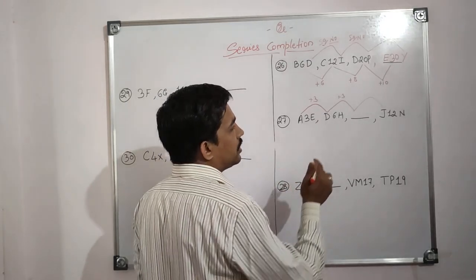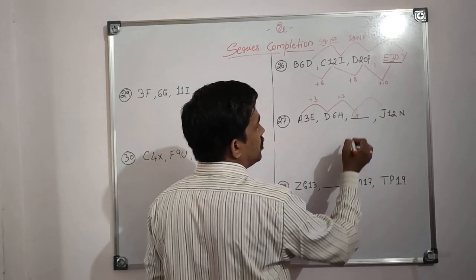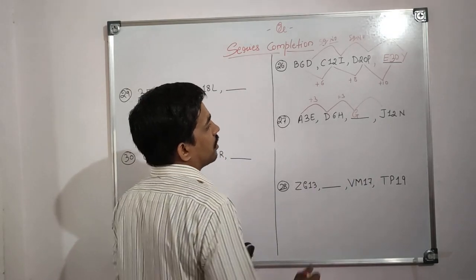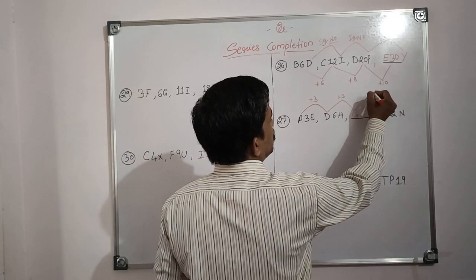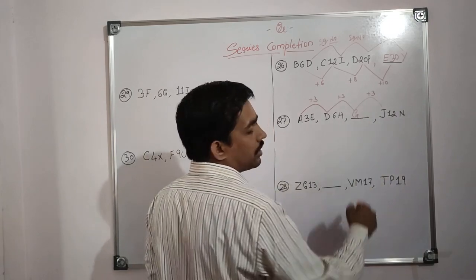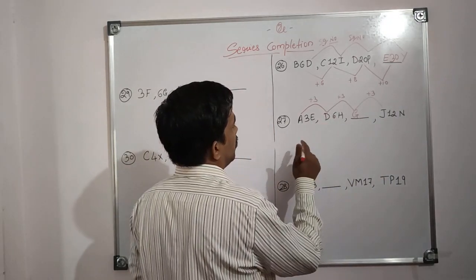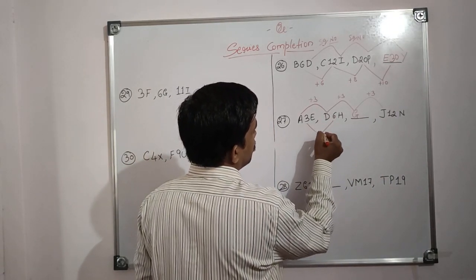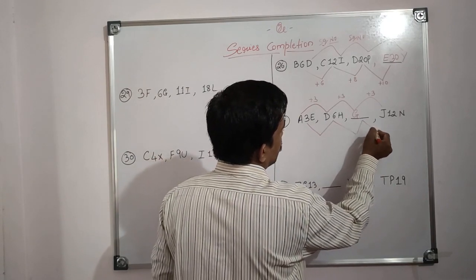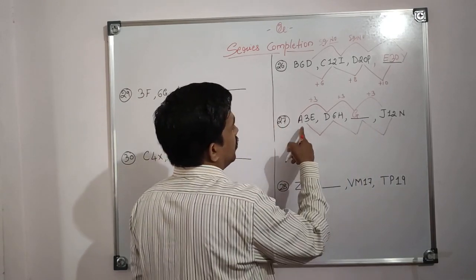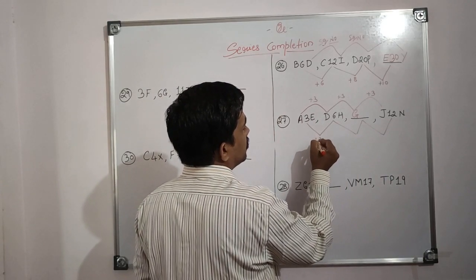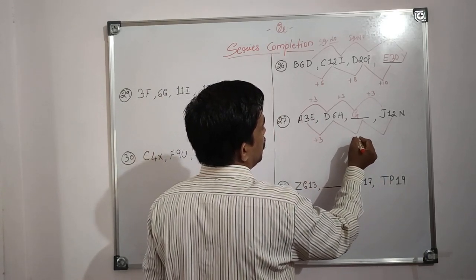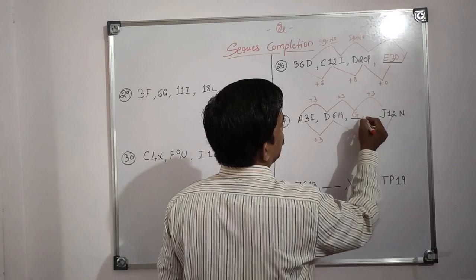The 7th letter is G. And then G means 7, 7 plus 3 is 10. The 10th letter is J. Next, 3 plus 3 is 6, 6 plus 3 is 9, 9 plus 3 is 12.